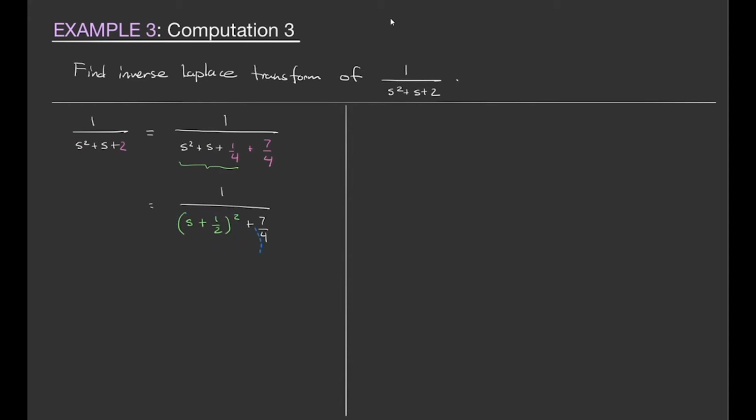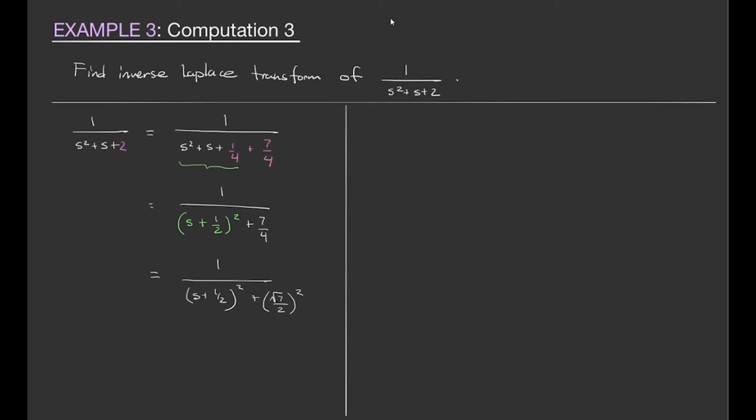Now that of course leaves the 7/4 here, and this might make you think of, or vaguely resemble, having a sine or cosine, where we had usually s squared plus something squared, like an 8. Notice we can represent 7/4 as square root of 7 divided by 2 squared. If you square square root of 7 divided by 2, you will get 7/4.